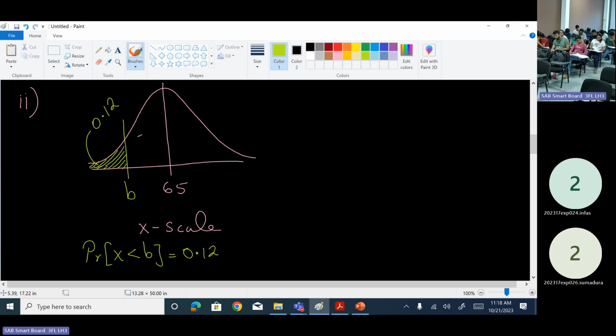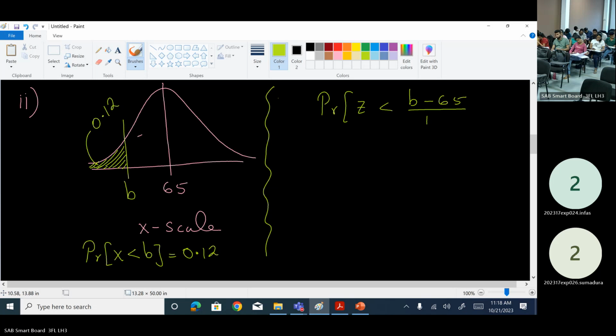It's a general normal, so we have to transform this to the standard normal. The probability is that Z is less than (B minus 65) over 15 equals 0.12.